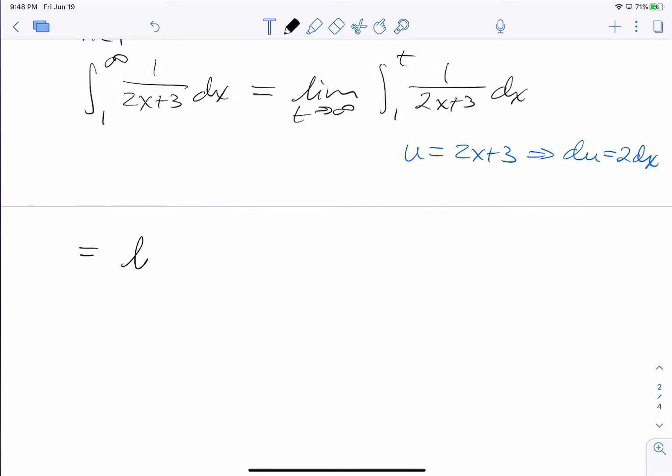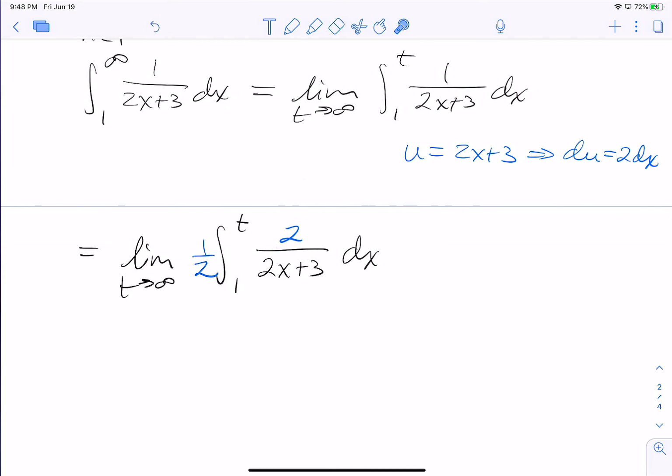So I'm going to take this integral, the limit as t approaches infinity of the integral from 1 to t, I'm going to multiply and divide by 2 so that I have a du in the numerator. Kind of. Really, the du is 2 dx, isn't it?